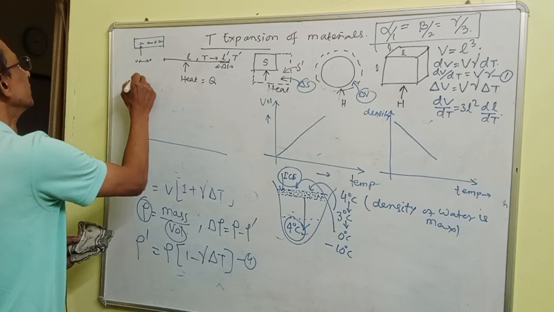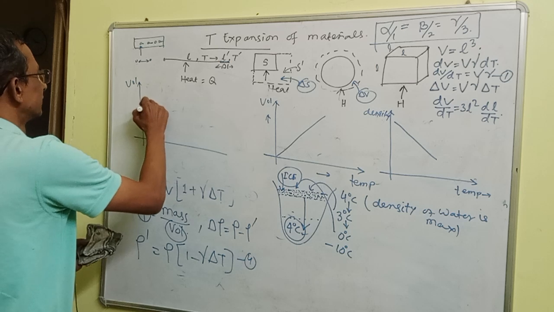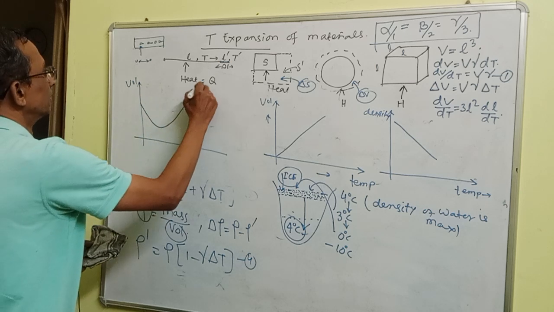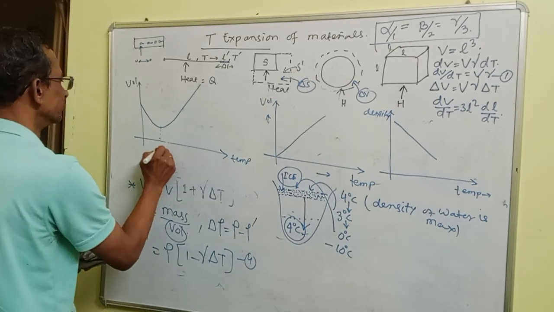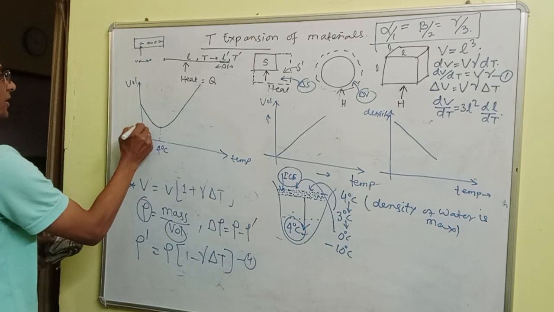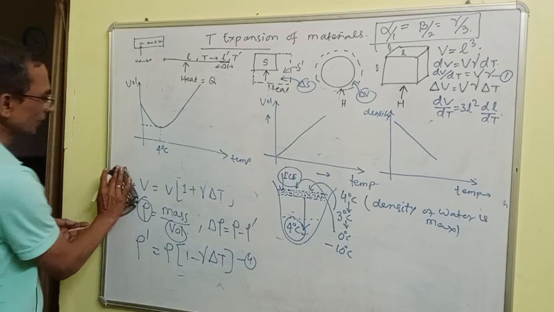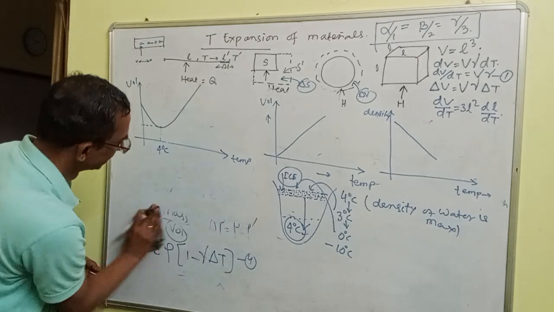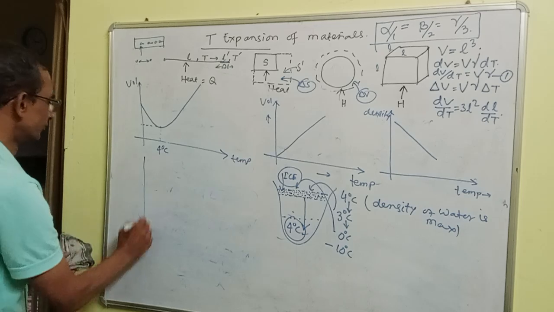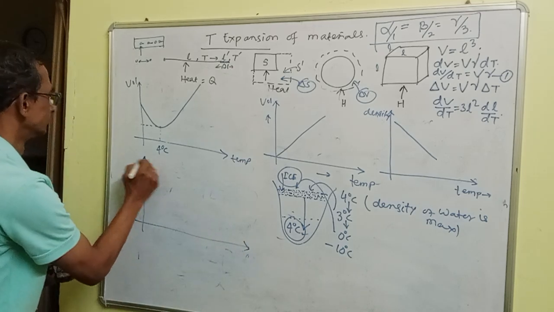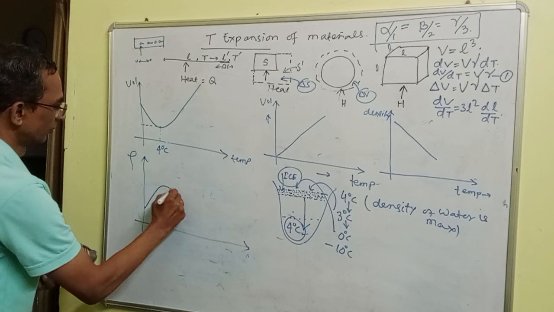Suppose the initial volume is more, and at 4 degrees centigrade the volume of water will be low. Hence, the density of water will be maximum at 4 degrees.